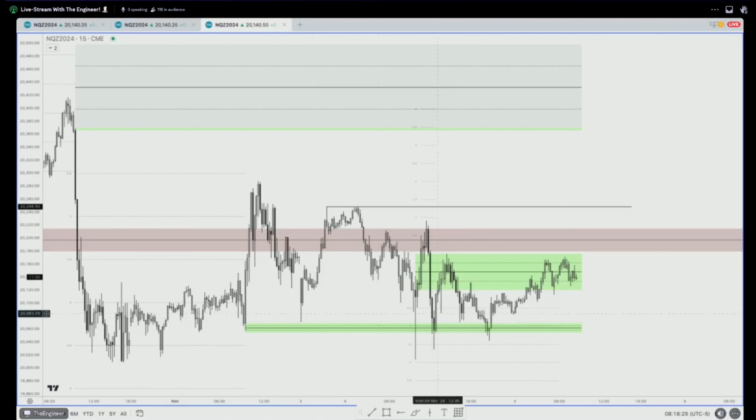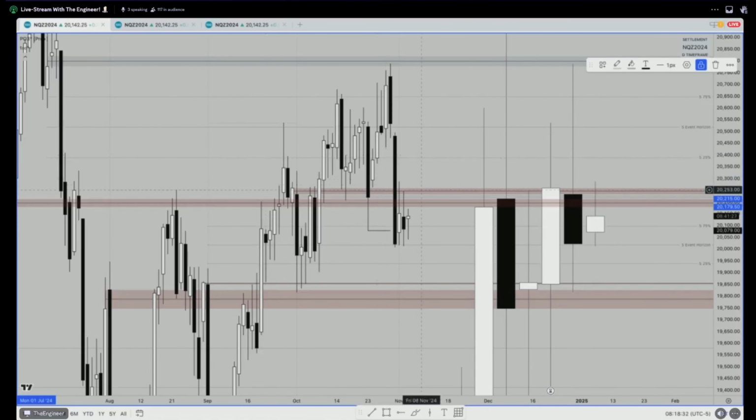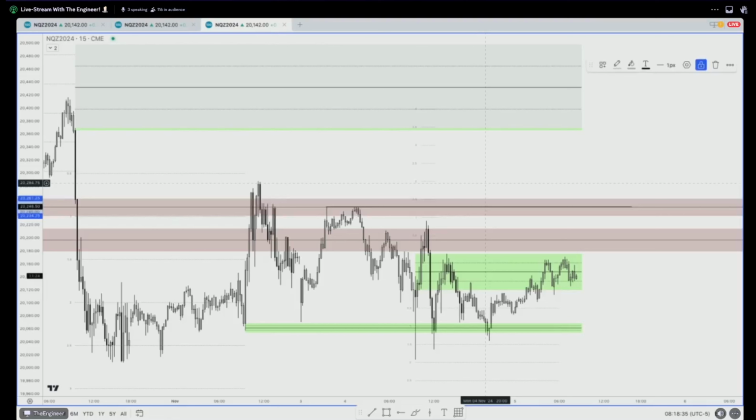So above this gap, we have buy side liquidity from here. Beautiful. We have these buy side relative equal highs at the 50% of this new month opening gap. So I would like to draw price to these levels.